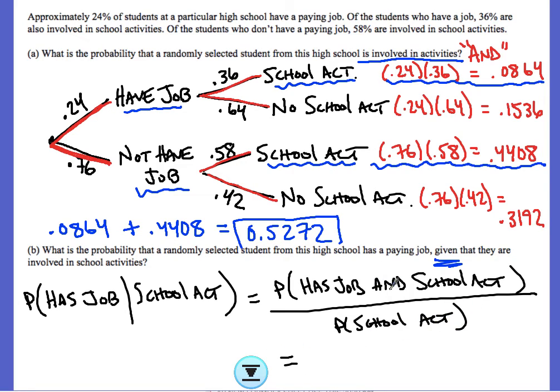All right, well, the and probabilities were what we calculated here in red. So having a job and being in school activities is this top one right here, 0.0864.